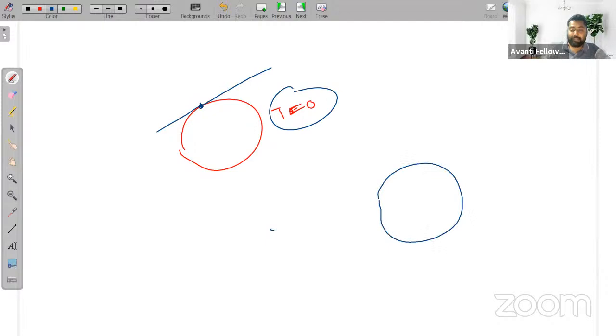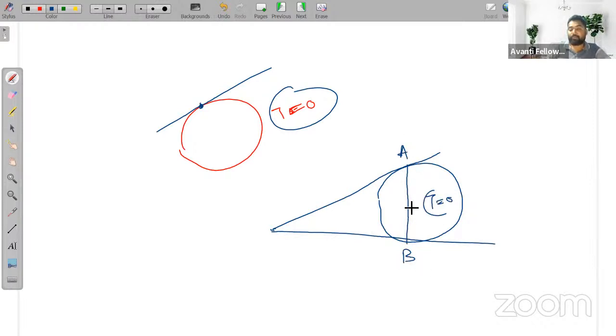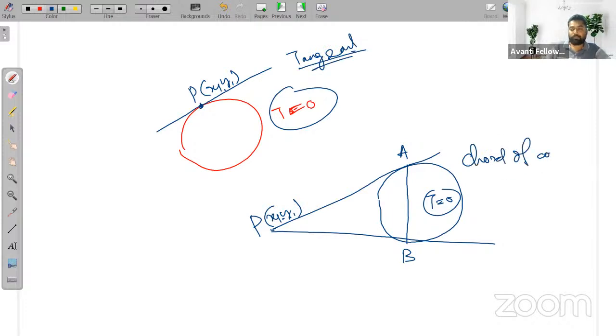But in this case, if you're drawing two tangents from an external point and you need to find the equation of chord of contact, that is T is equal to 0. Here the coordinate of P is x1 y1. It is lying outside the circle, but in the other case x1 y1 is lying on the circle. This is the case of tangent and this is the case of chord of contact. Clear? Okay, don't be confused.